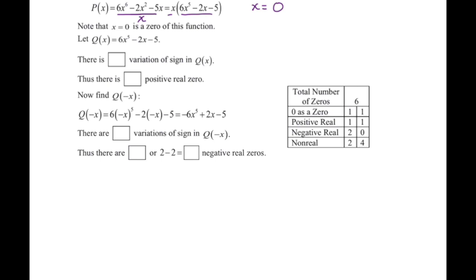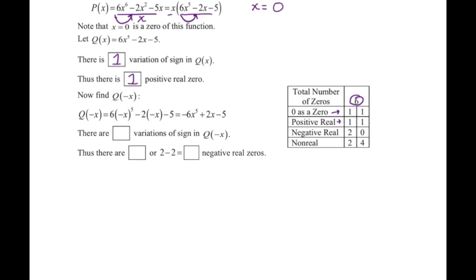But anyways, it still has a variation of 1, which we found on the previous page. So when I'm filling in my table, 0 is a 0 1 time, and we know we're building to 6. We know that there is 1 positive real number.